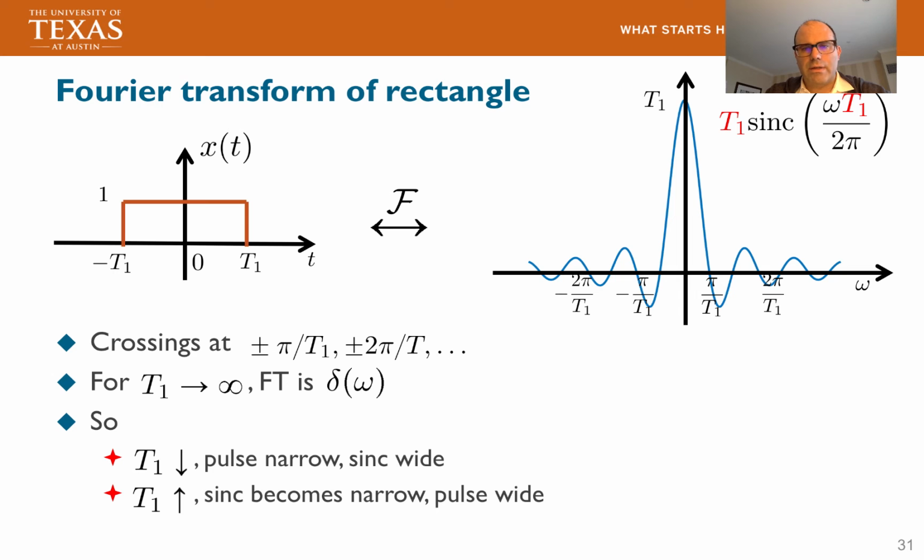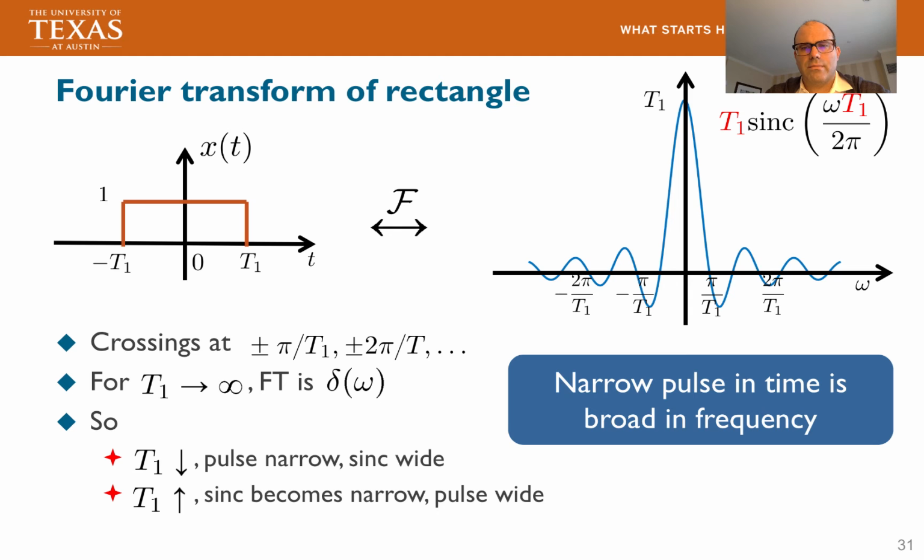And as t1 increases, the sinc becomes narrow. So if you send something like a very, very sharp pulse, that has a lot of frequency content. And a very broad pulse has less frequency content. So that's summarized here. Narrow pulse in time is broad in frequency, and vice versa.